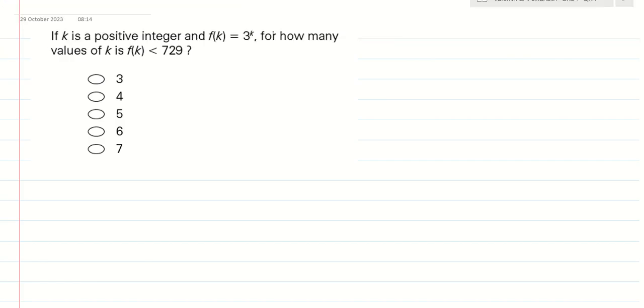So here the function given is 3 to the power k. What is the input? Input is k, right? If k equals 0, what is f of k I'll get? 3 power 0, that is 1. If k equals 1, what should it be? 3 power 1, that is 3.